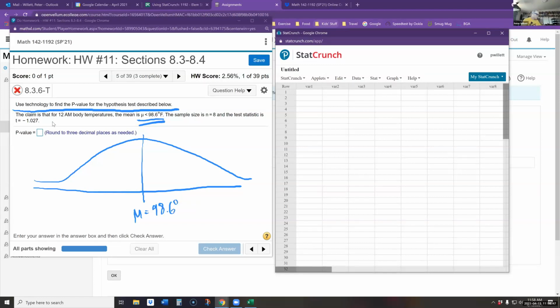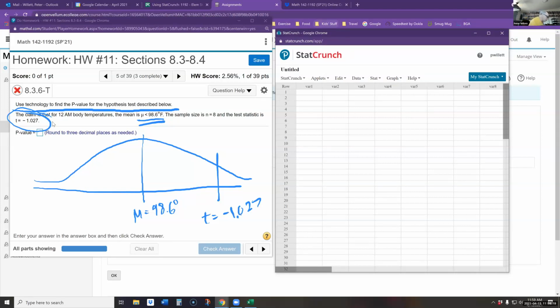And then to see what the p-value is for our sample, we would find out where on that distribution the sample value comes out to be. But they're telling us the t-score there. They're telling us that the distribution value here would be t is equal to negative 1.027. That means half the work was already done for us. That's why those tools don't apply.